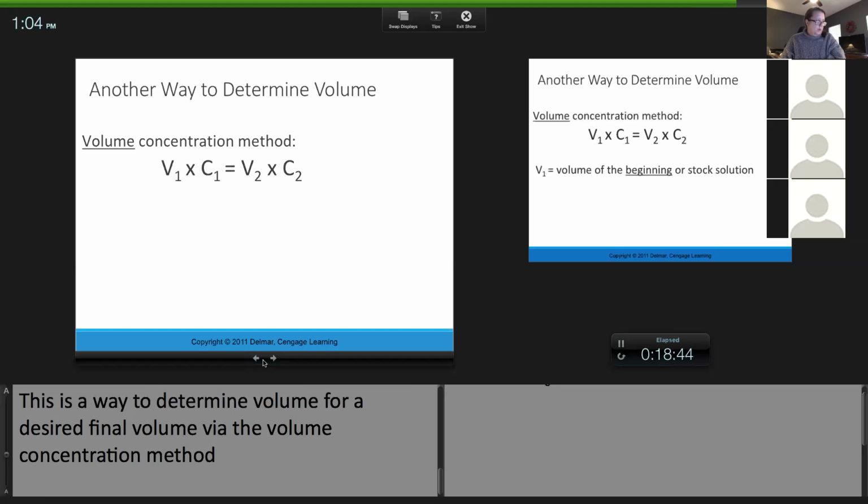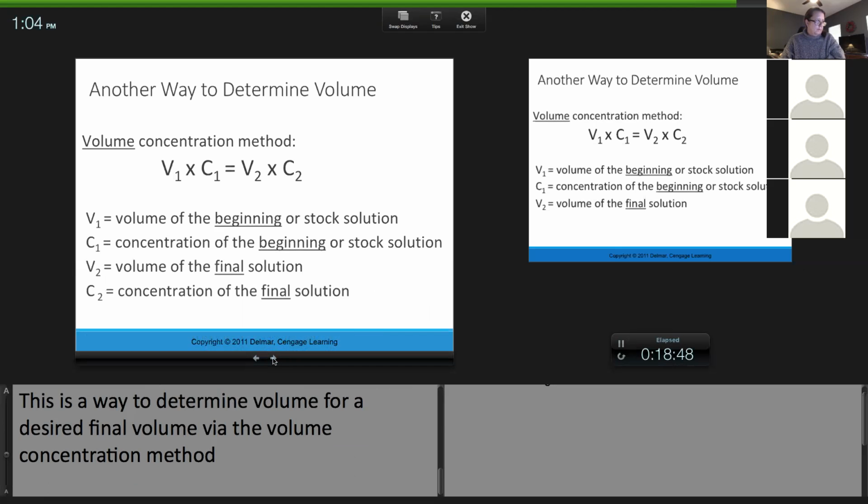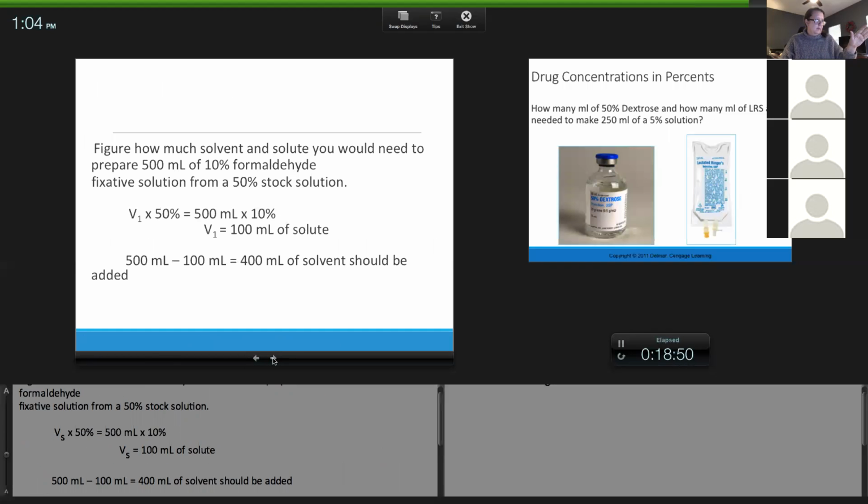If we go to the next slide, this is what it all stands for. Sometimes we order formaldehyde in a more concentrated form because it's cheaper. Then we can add it to solutions to dilute it out, because formaldehyde by itself would be way too strong.